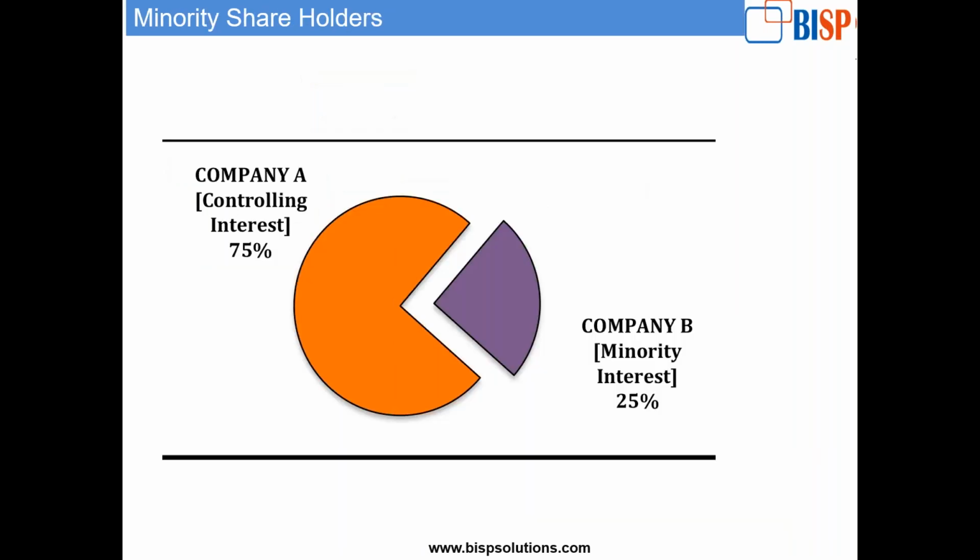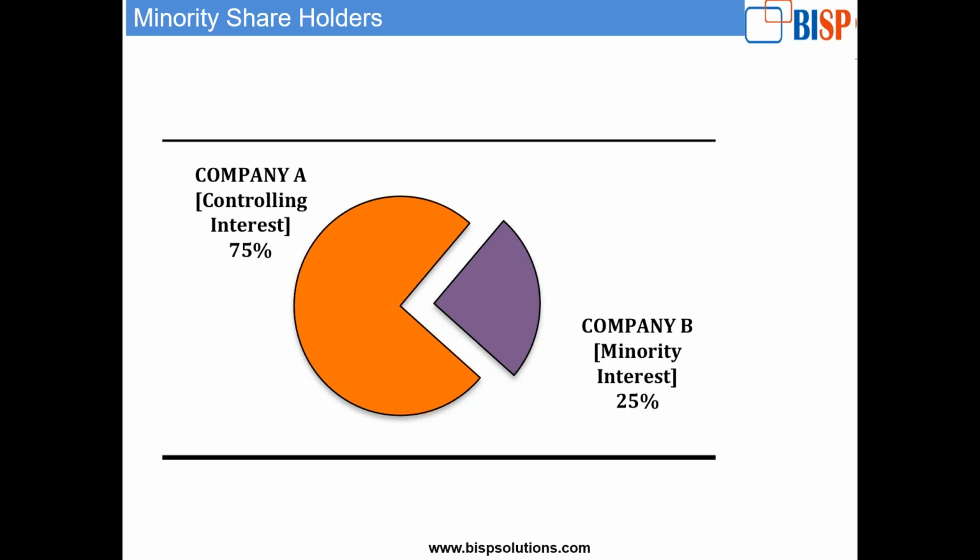The next thing is when one company takes acquisition in another company. In this slide, you can see that company A has taken the acquisition in company C by 75%.